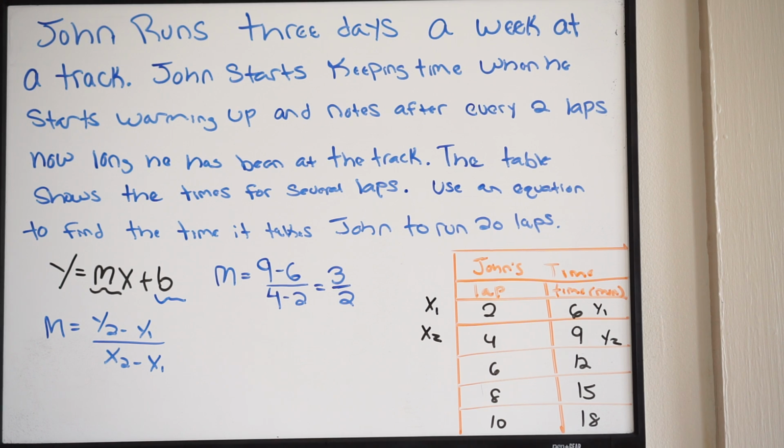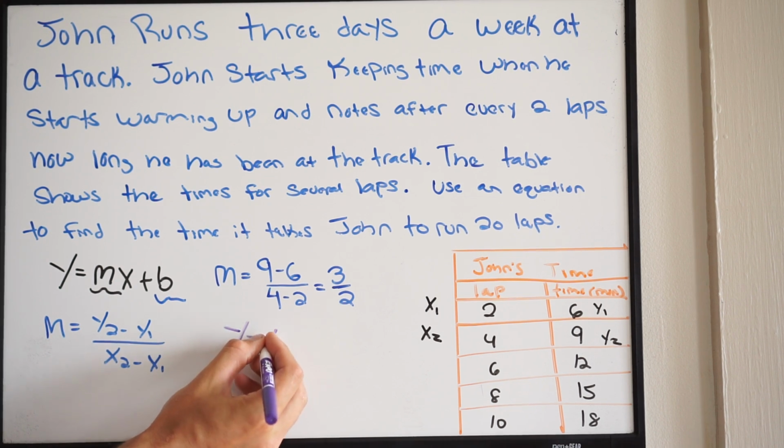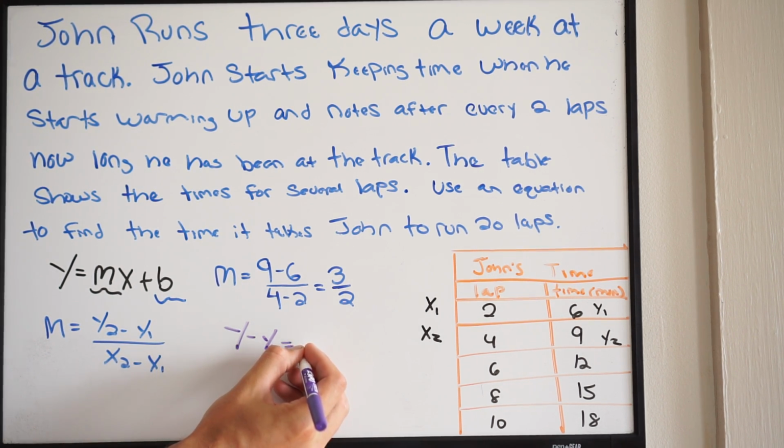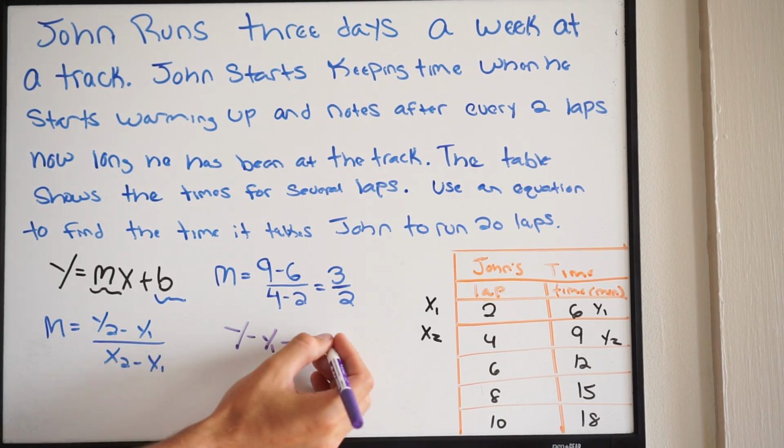Now this is a little bit different. You're actually going to have to use the point-slope formula in order to find this. If you recall, point-slope formula can be written like this, where we have y minus y1 equal to our slope, which we just found, times x minus x1.